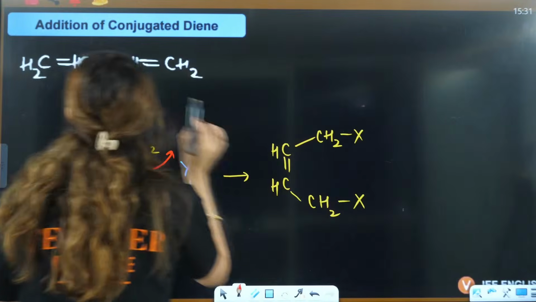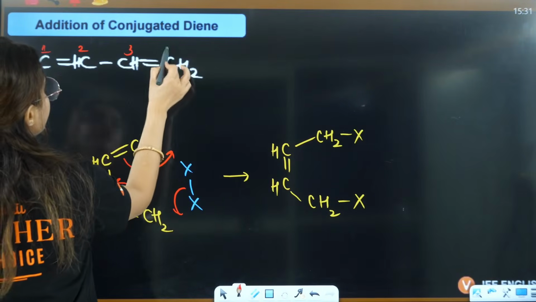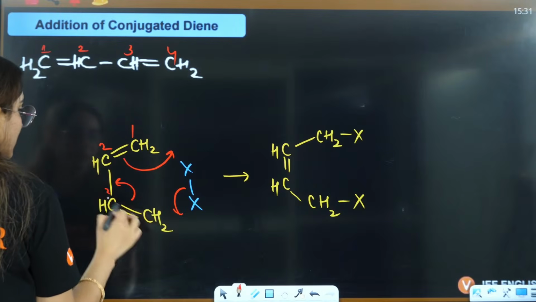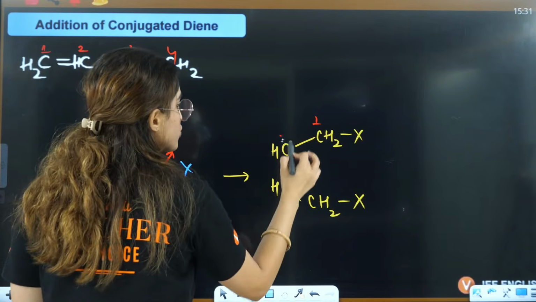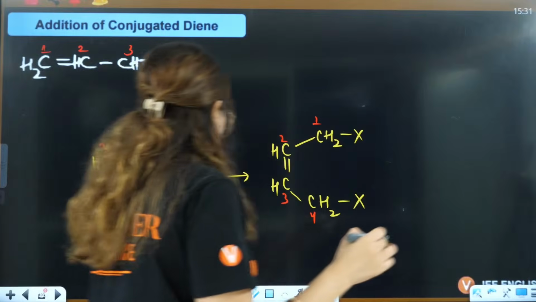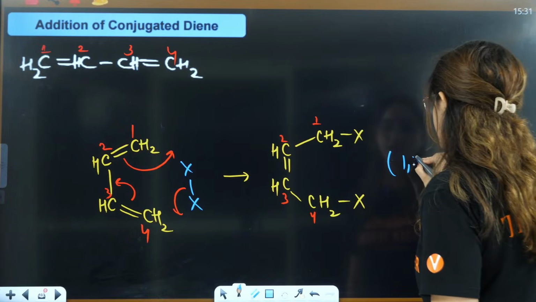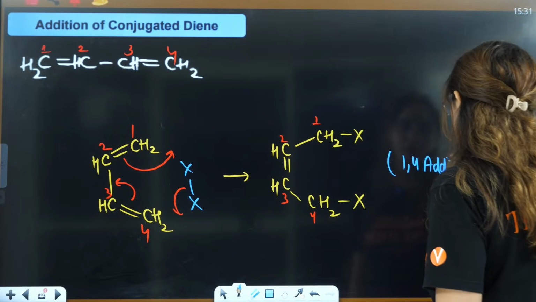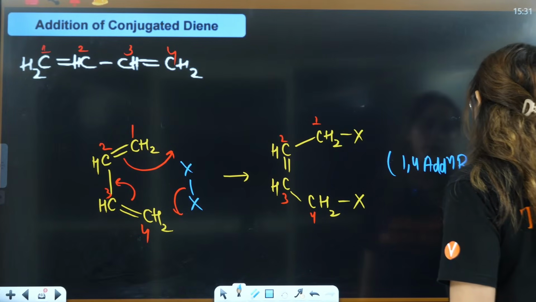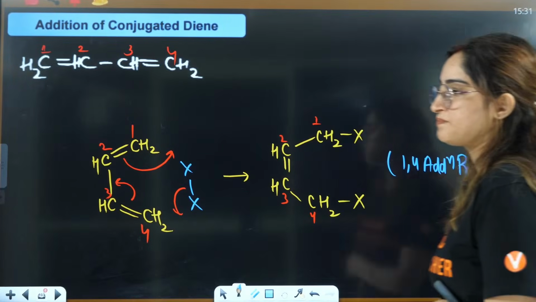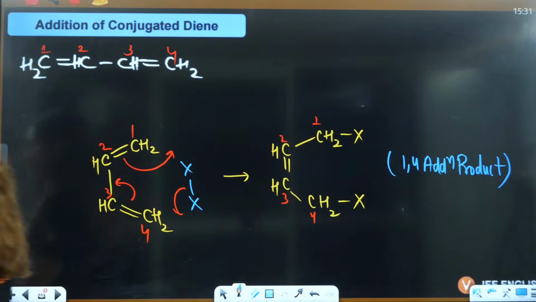This is 1, 2, 3, 4. So you have added the halogen on the 1,4 positions. This is called the 1,4 addition product.